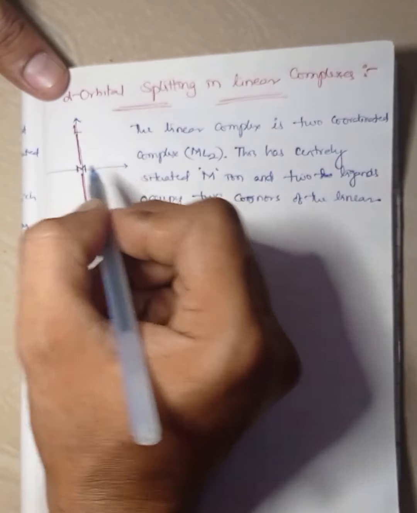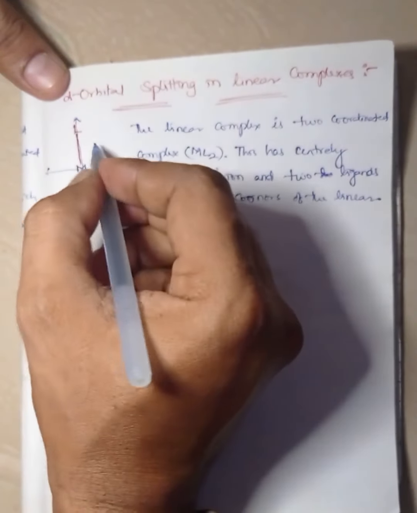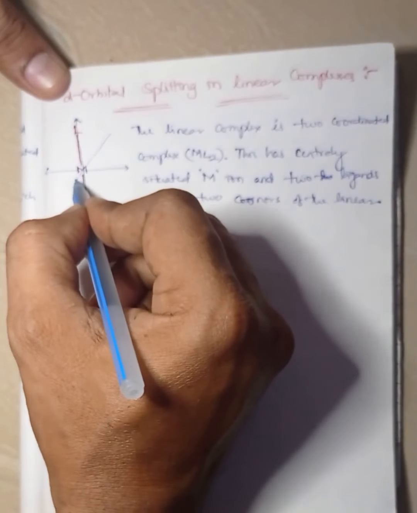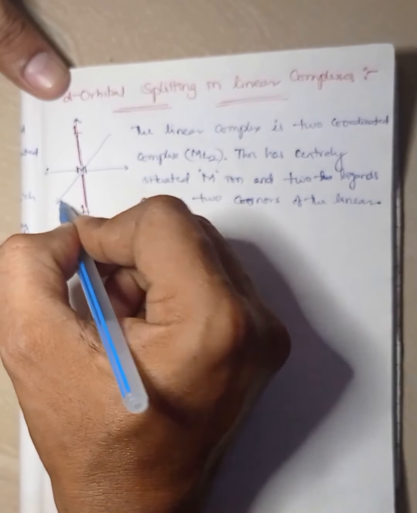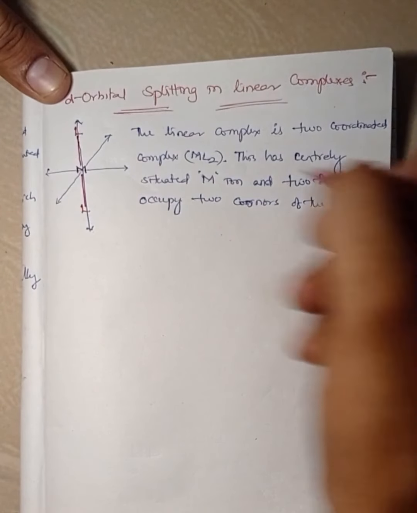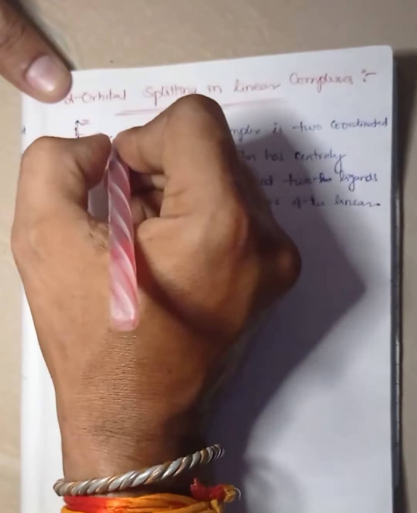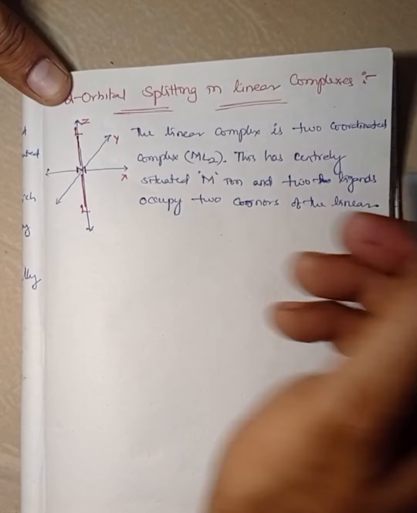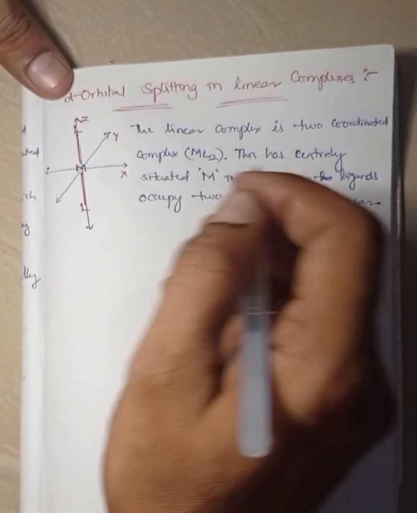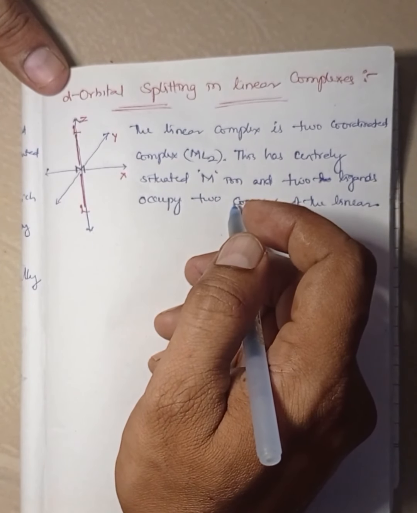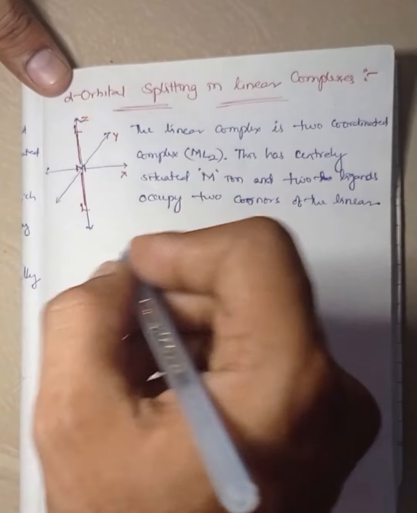The x-axis will pass through only the metal site. The y-axis also passes through only the metal site. This is z, this is y, this is x. That's how we have to consider the coordination axes. Along the two ligand sides and the metal, we go with the z-axis.